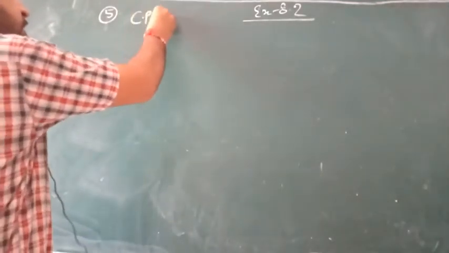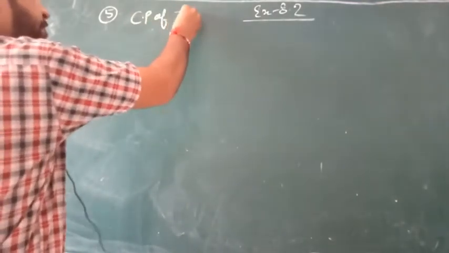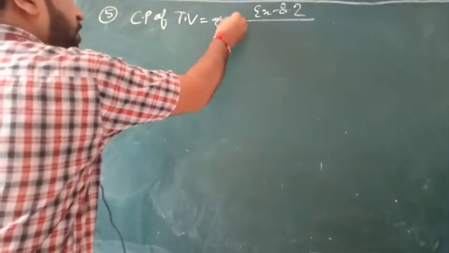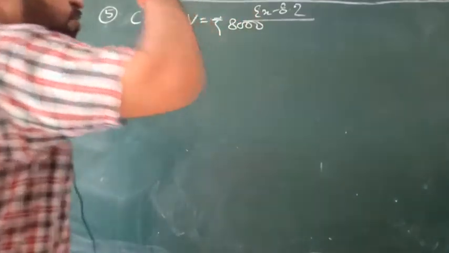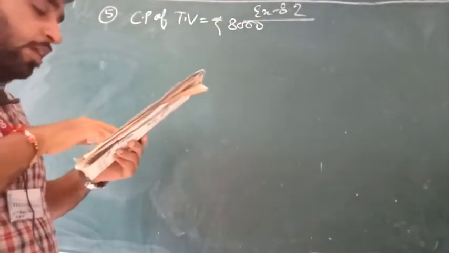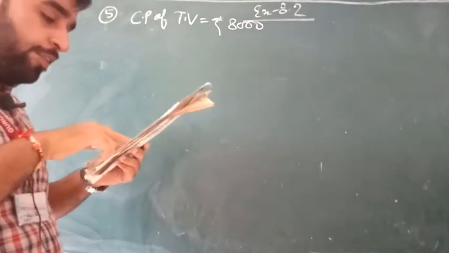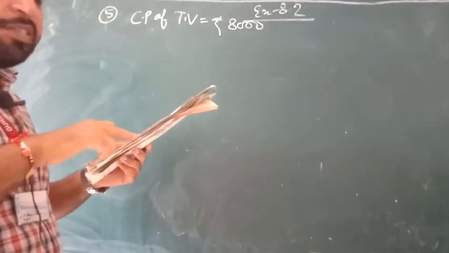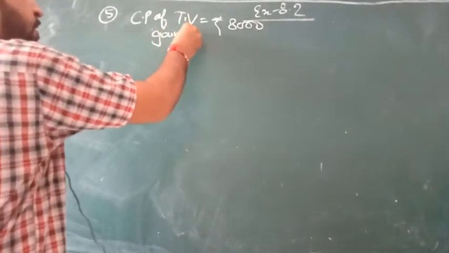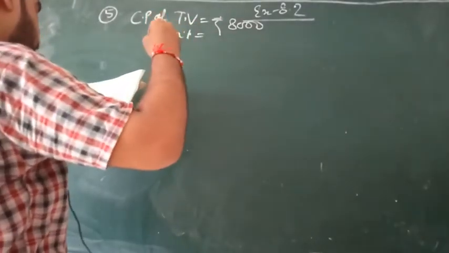So we should write like this, CP of TV, that is rupees 8,000. So we have to solve separately. TV is written later. The shopkeeper made a loss of 4% on VCR and profit of 8% on TV. So what is the gain percent on TV? That is 8%.